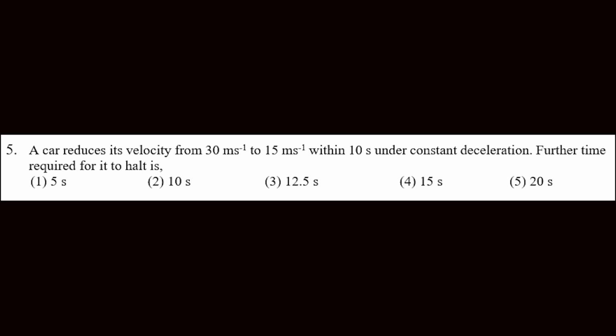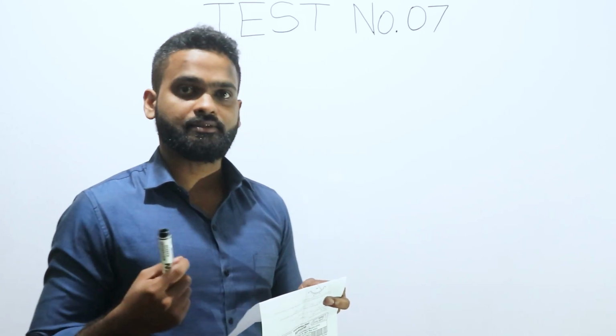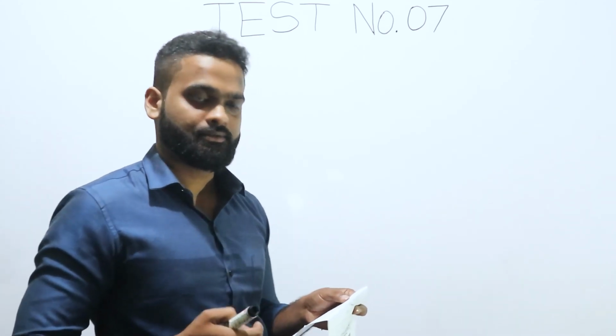Okay, fifth question. A car reduces its velocity from 30 meters per second to 15 meters per second within 10 seconds under constant deceleration. It comes to rest after... So they are asking for the time for the car to be at rest.